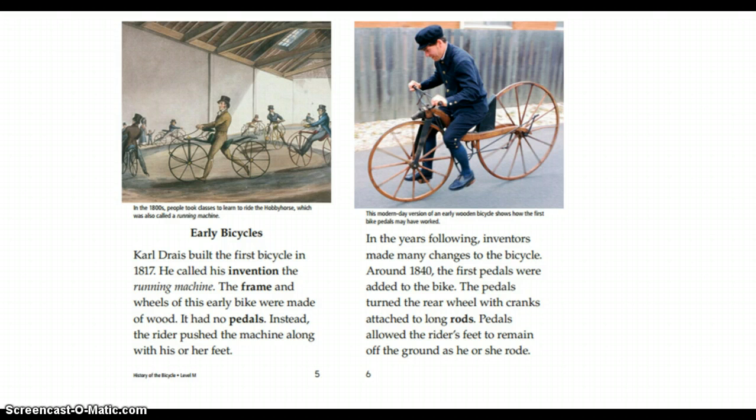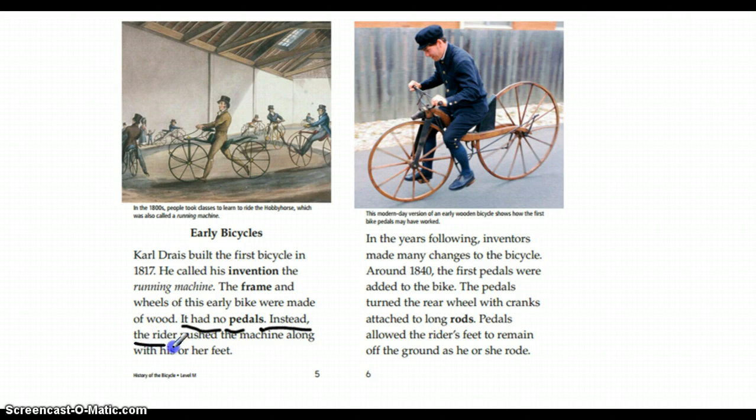With early bicycles, one of the things that I learned when I was reading was that the first bicycle didn't have any pedals. It says right here it had no pedals, and instead, the rider pushed the machine along with his or her feet.